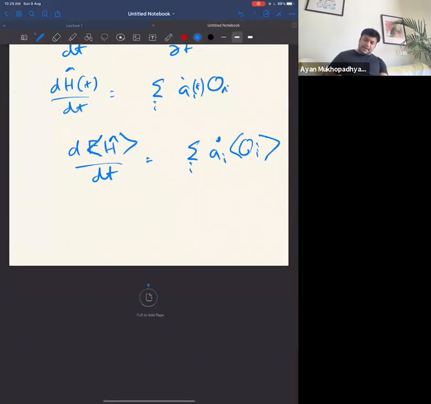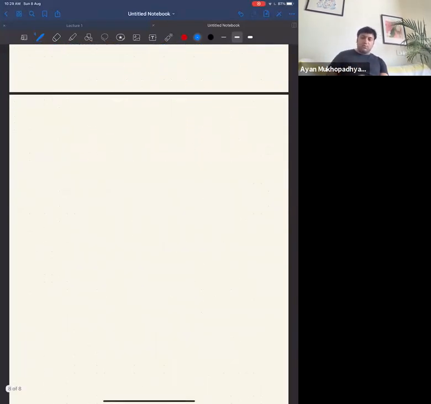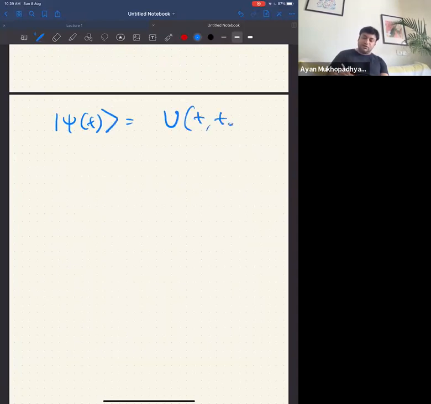All right, but can somebody tell me how to solve the Schrodinger equation now? I would rather take the Heisenberg point of view, but we can also write it this way: the state psi of t would be equal to U(t, t0) psi(t0), subject to the Schrodinger equation of motion.